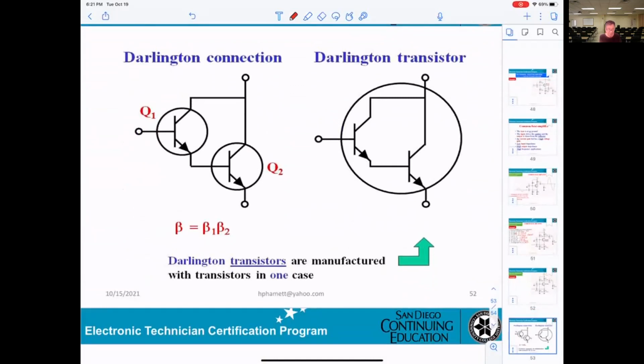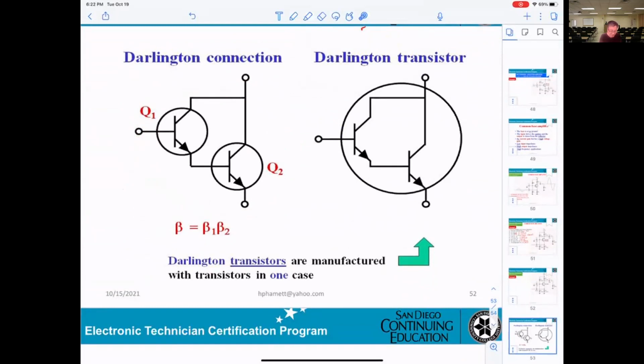Darlington connection. When you see the circuitry look like that one, that's what they're talking about, the Darlington pair, the Darlington transistor.